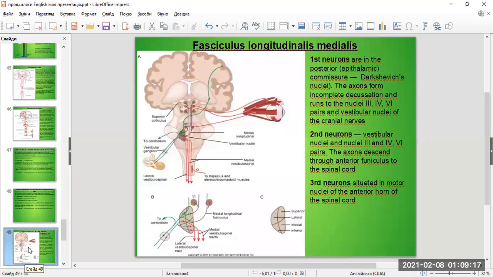Second neurons are the vestibular nuclei and the nuclei of the third, fourth, and sixth pairs. The axon descends in the anterior funiculus to the spinal cord. The third neuron is situated in the motor nucleus of the anterior horn of the spinal cord.